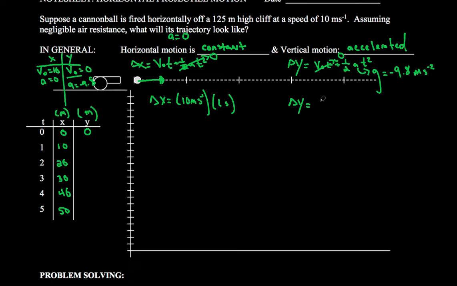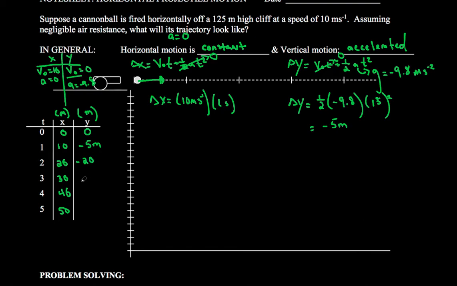Then my vertical position is just negative 9.8 meters per second squared times 1 second squared, which works out to be approximately negative 5 meters. So after 1 second, it falls down 5 meters. After 2 seconds, 2 squared is 4, 4 times a half is 2, 2 times approximately 10 is minus 20.